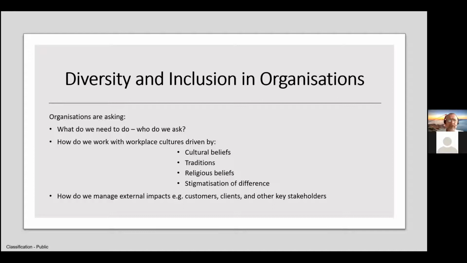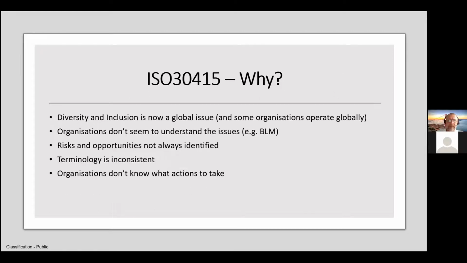So all of those things are suggesting that organizations are in need of something that can help them. So why a particular international standard? Well, diversity and inclusion is now a global issue. And of course, some organizations operate globally. Some of the bigger construction organizations, for example, my own, MACE, is a global organization and is therefore operating in different contexts.